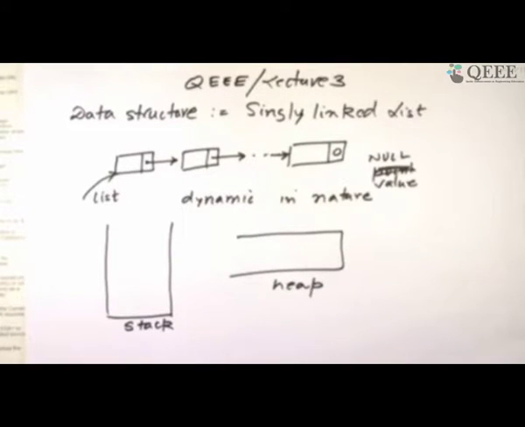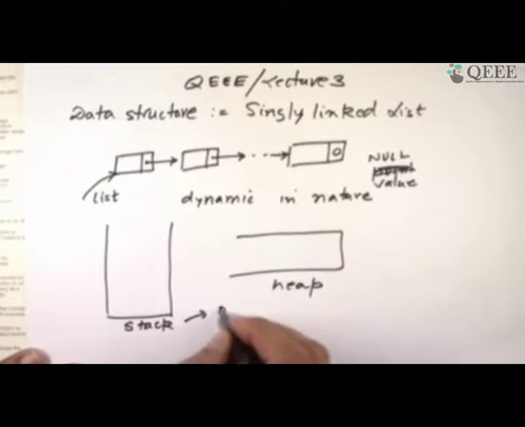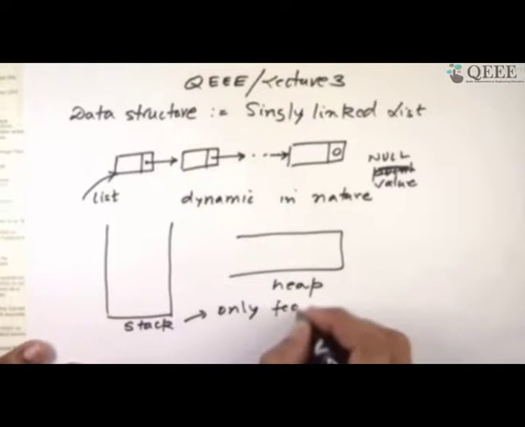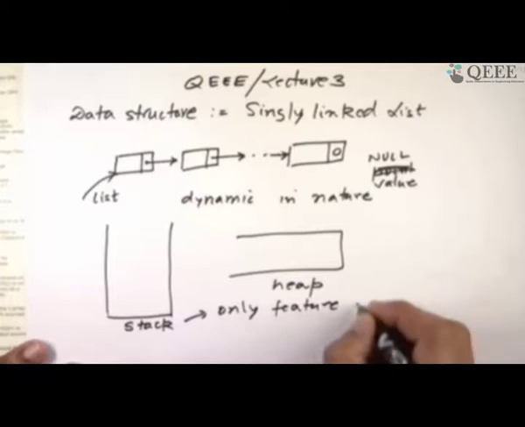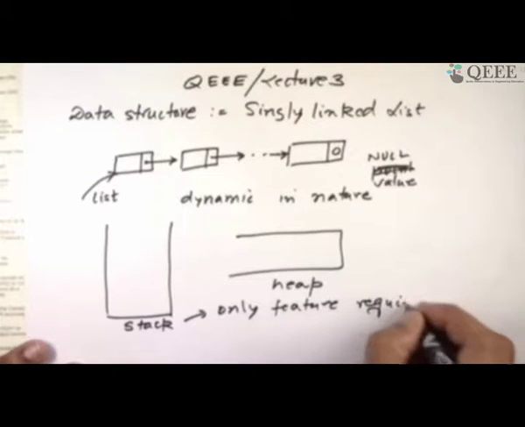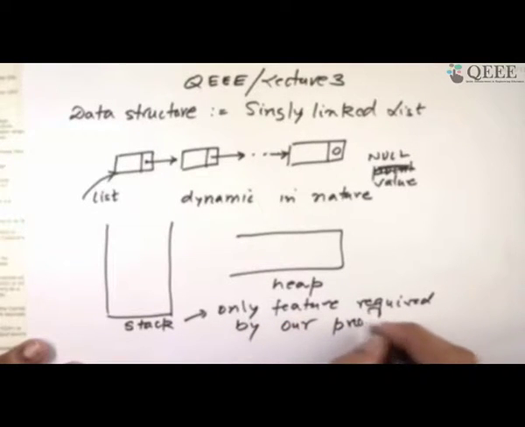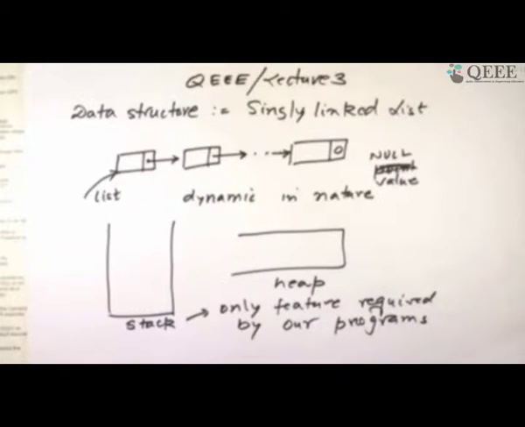If you don't use pointers and dynamic features, then we use the stack only. This is the only thing which is required by our programs. Again, a single line explanation: a stack is used to hold values of functions at runtime.